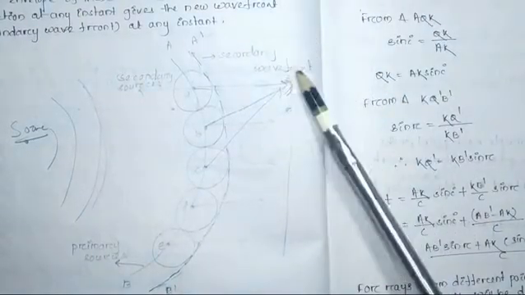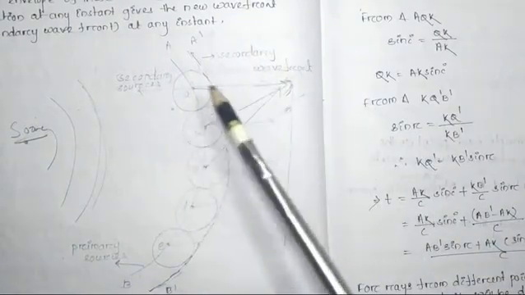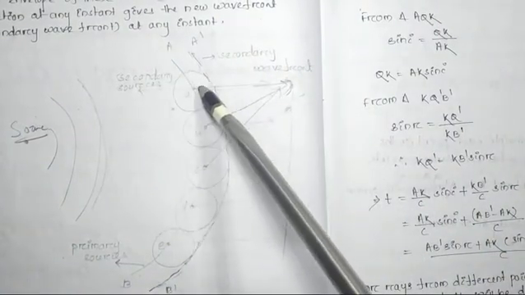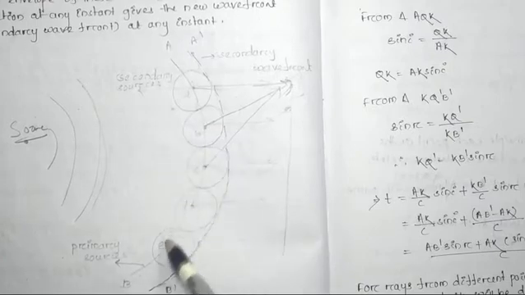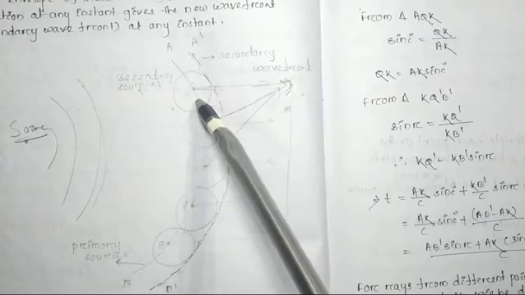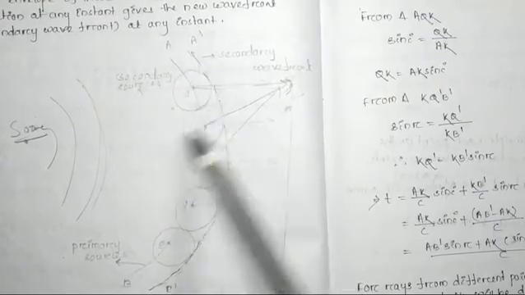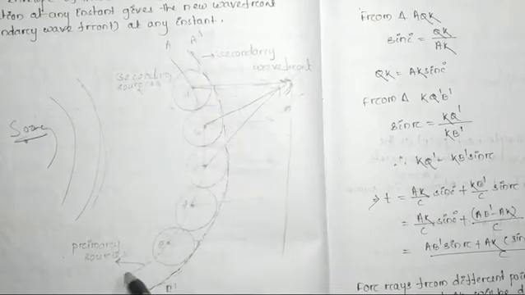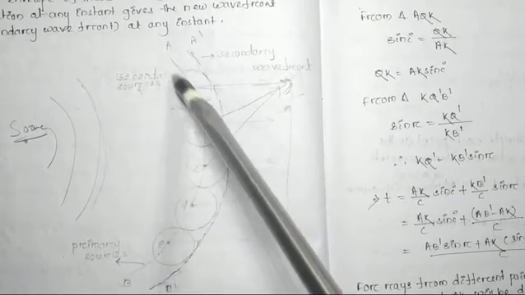Like that, at a point we can get the diffraction pattern due to the interference of these different sources on the primary wavefront.